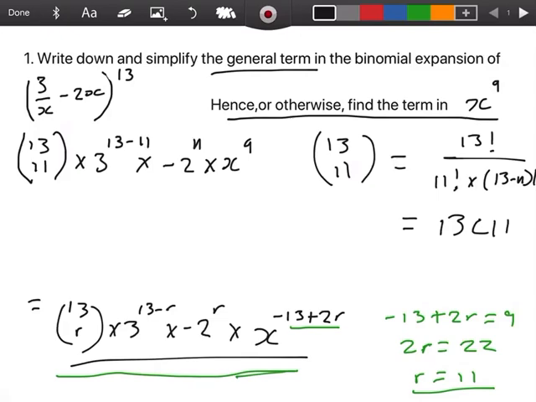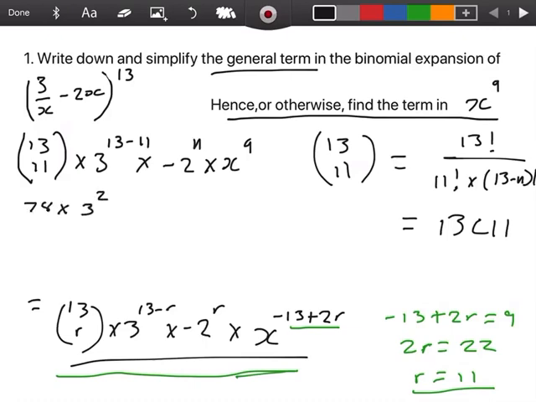But since we have a non-calculator paper this year, we might have to figure that out. So I've shown you how to do that. For time's sake I'll just do it on the calculator: 13C11 is 78.